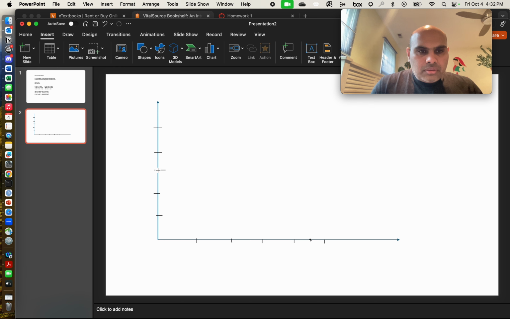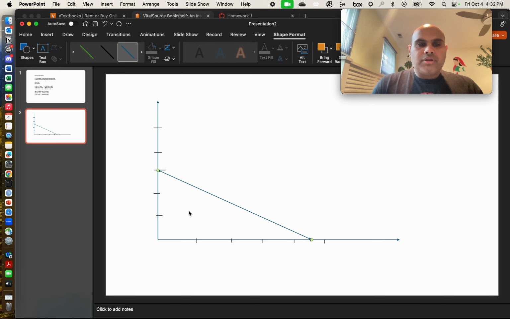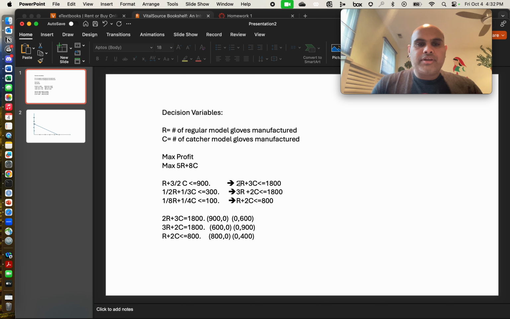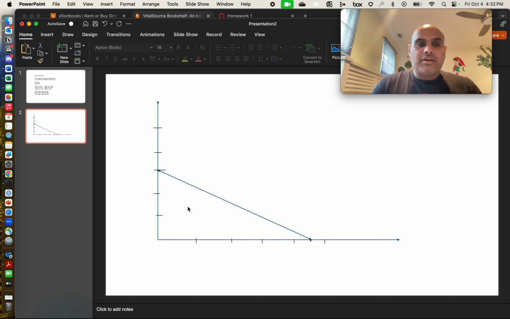I'm going to start here and end there. So now everything within this triangle is my feasible region. Why? Because if I take 0, 0 and plug it into the constraint, I get 0 plus 0 is less than 1800. So because one point on this side of the line satisfies this constraint, all points on this side do. So that's my current feasible region.